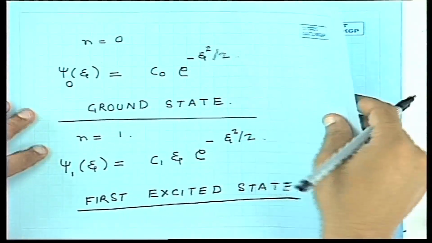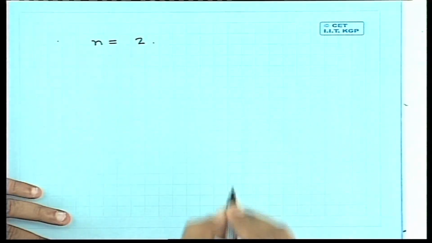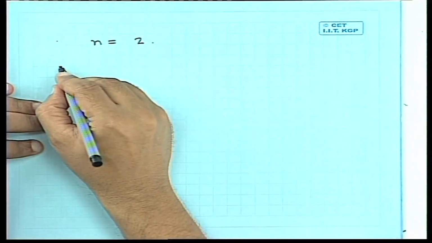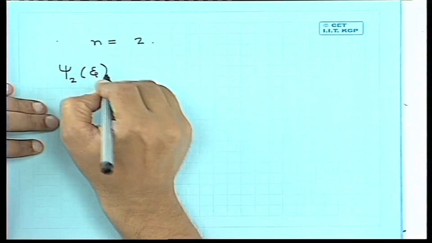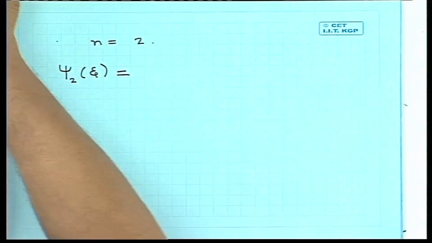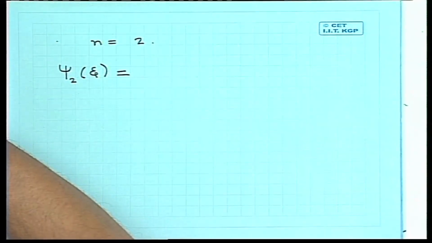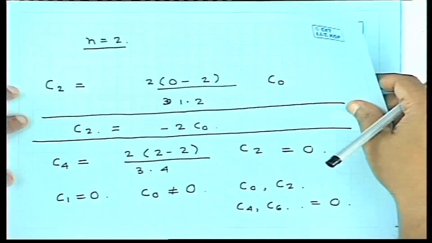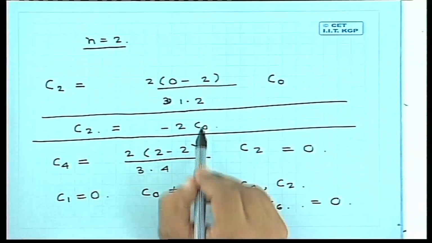We can also write down the n equal to 2 wave function, psi 2. For n equal to 2 we had calculated that C2 is equal to minus 2 C0.